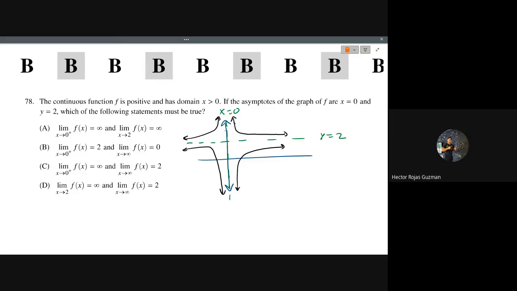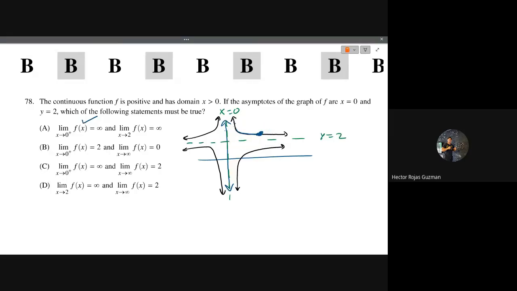The limit as x approaches 0 from the right side is infinity. So if I start approaching 0 from the right side, the graph does indeed go up. So that part checks off. The limit as x approaches 2 is infinity. But if I start approaching 2, I don't know where 2 is, but it's somewhere here, and if I start approaching 2, let's just say it's here, that limit does not look like it's infinity to me.